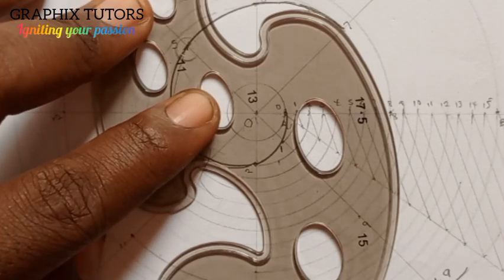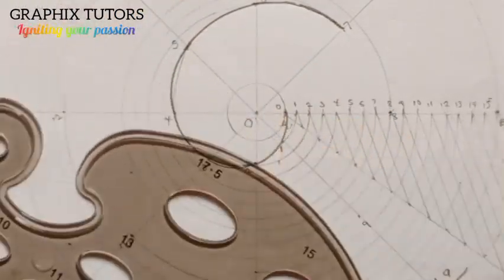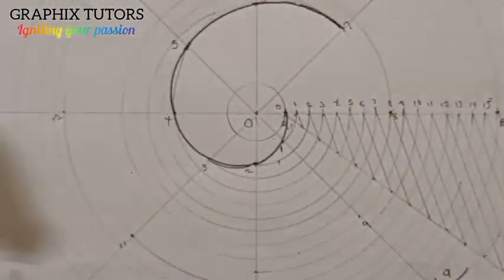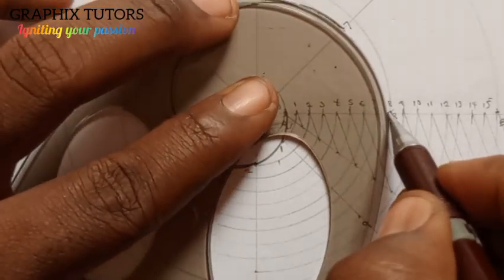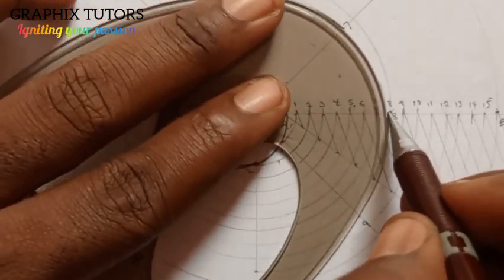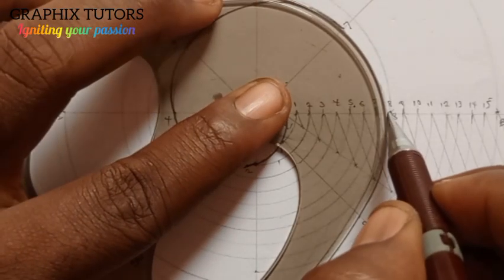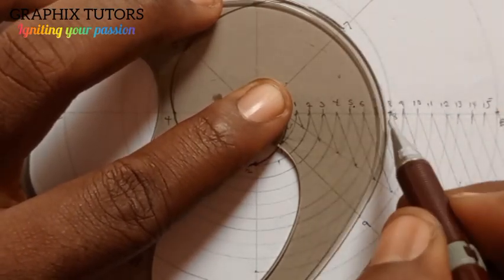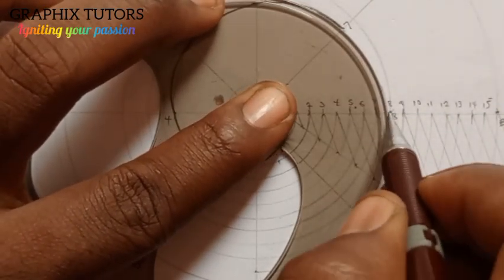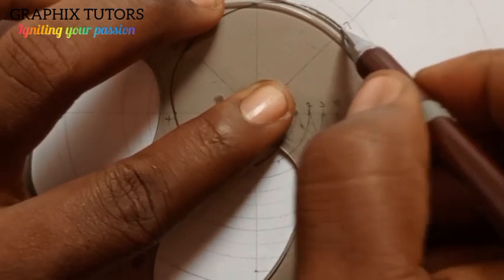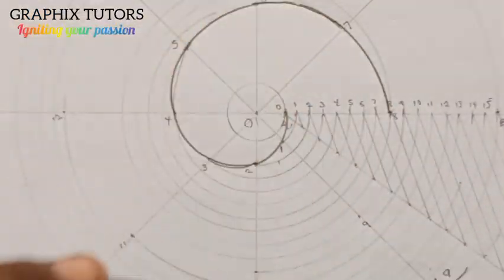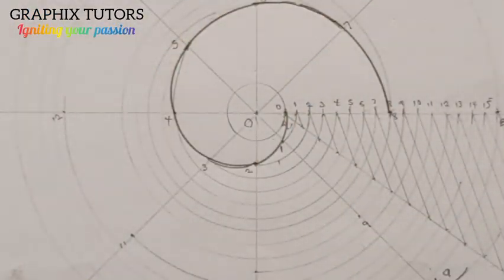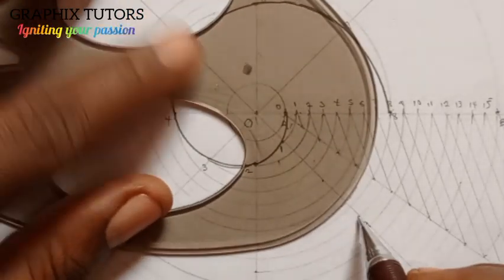So let me try this and see. I think this is better. You can see 7 and 8. So I can only join this two. You gauge it. Can you see that? Then I'll try 8 and 9 and see.